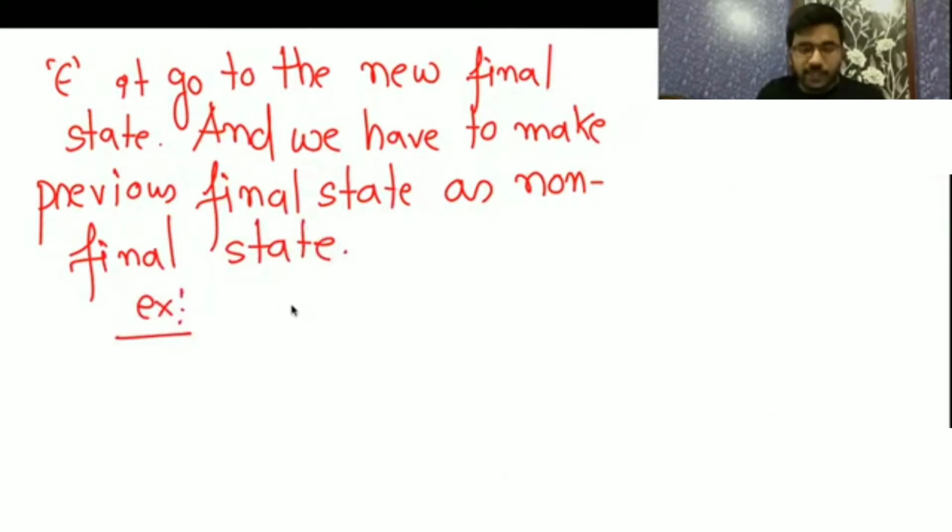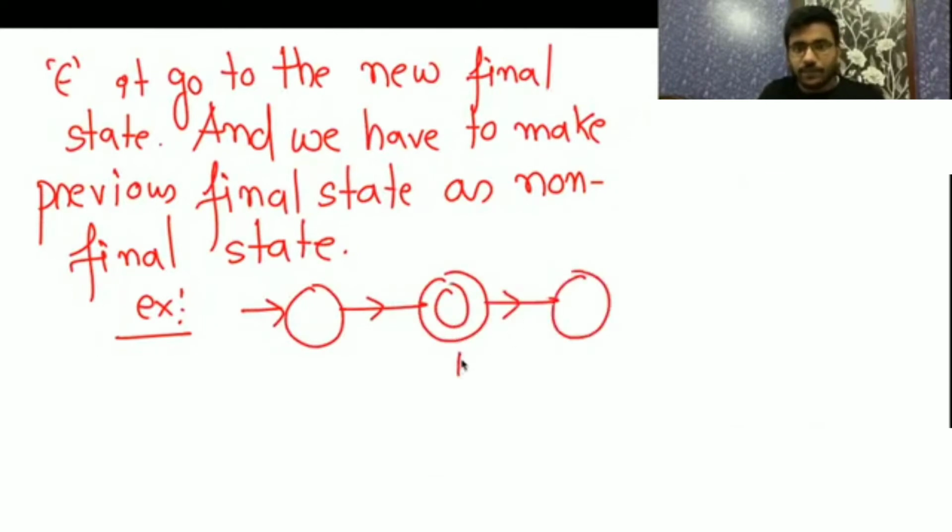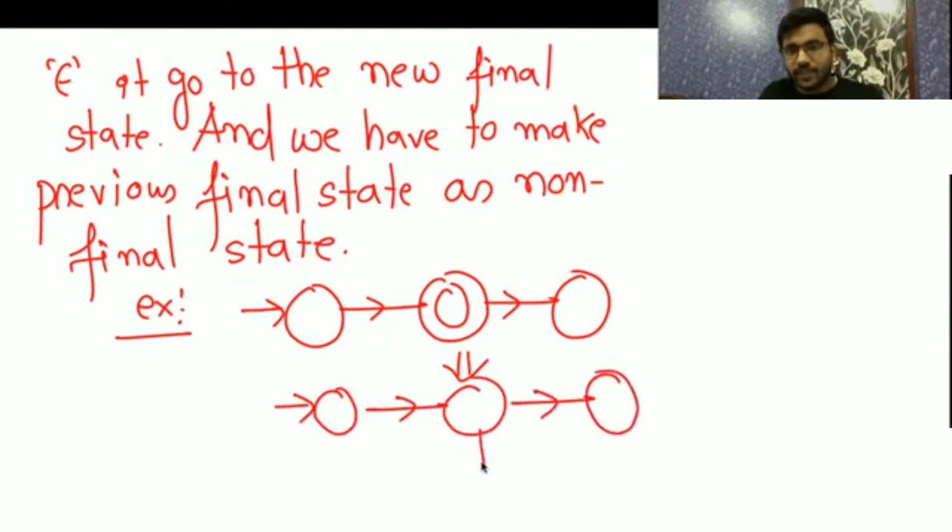So here what I mean is that if the final state has an outgoing edge, then you have to create a new final state such that by only getting epsilon, it reaches the new final. And you have to make the previous final as non-final. Correct.